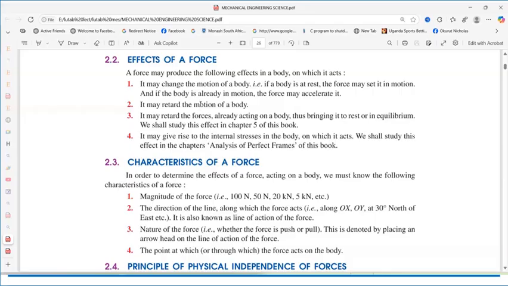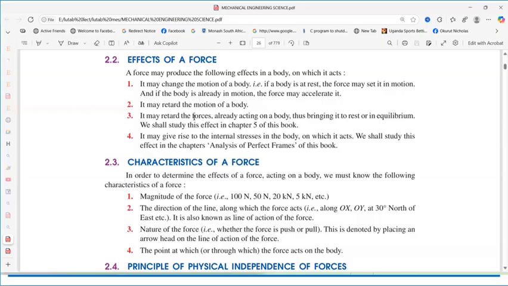But as long as you keep this force to retard the body, a time may reach when this body can no longer move. It will just have to stop. So we are talking about applying like brakes or a braking force. So it may retard the forces already acting on a body, thus bringing it to rest or in equilibrium.